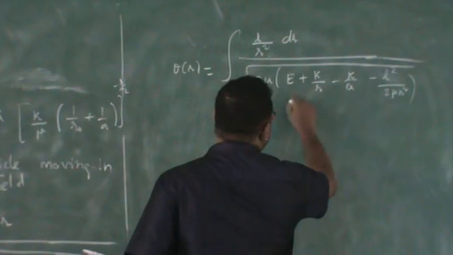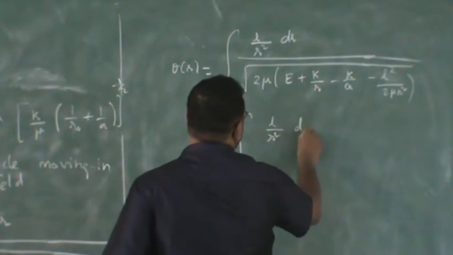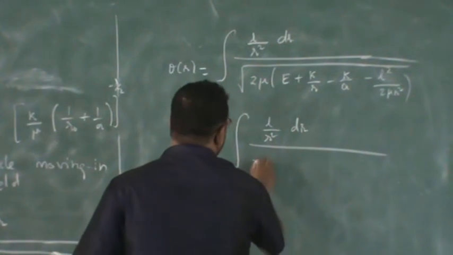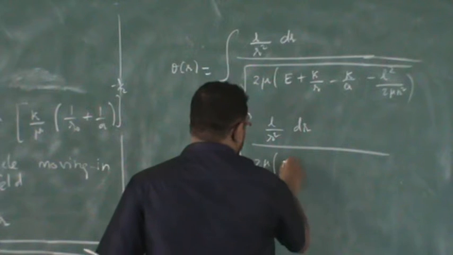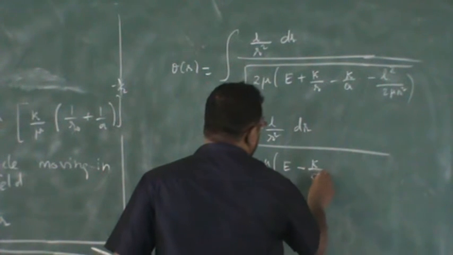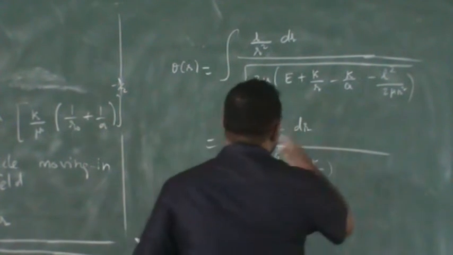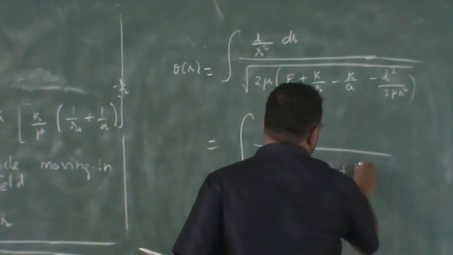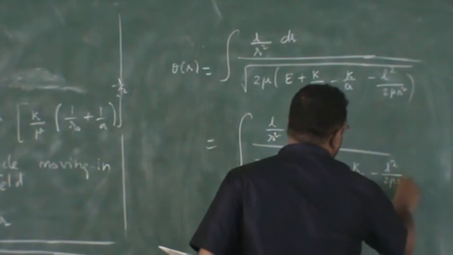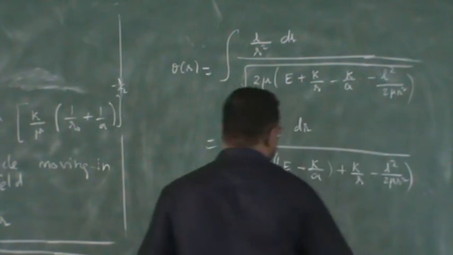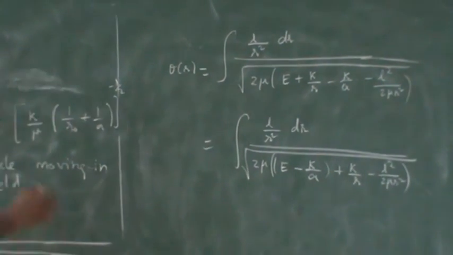So you combine these two, they are constant. It's almost like shifting the zero level for potential. Energy is now shifted: E minus k by a plus k by r minus L² by 2μr². So the integration is a similar one.